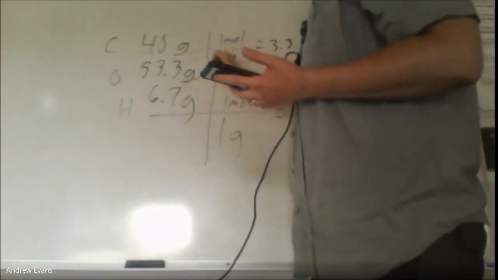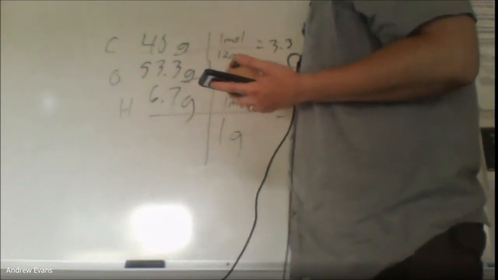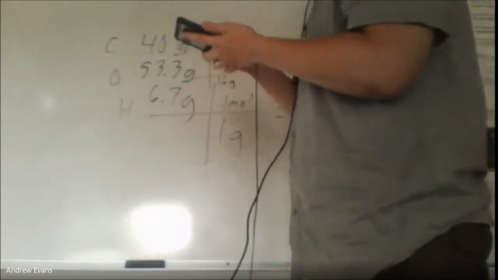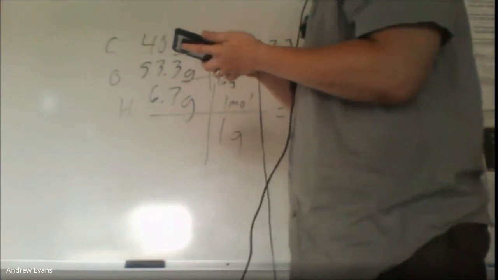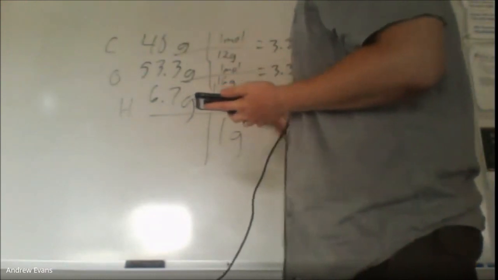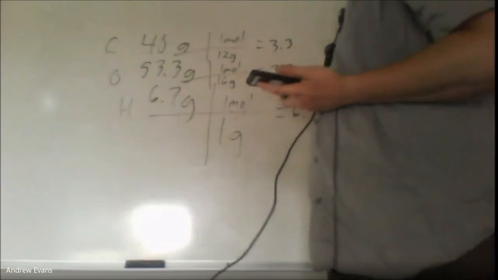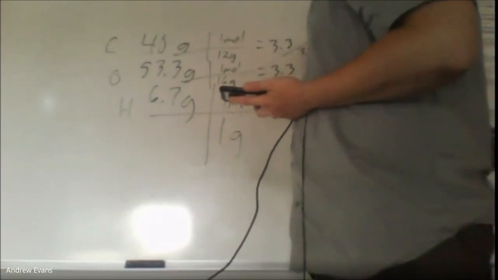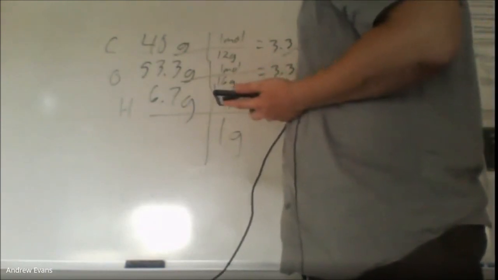And oxygen is 16 grams per 1 mole, so 53.3 divided by 16 is 3.3. I divide by the lowest number, 3.3, 3.3, 3.3.